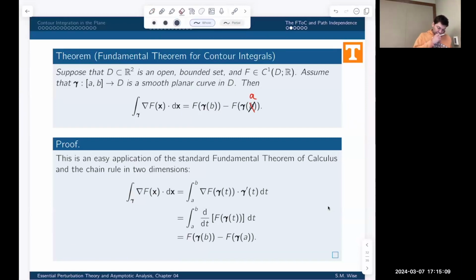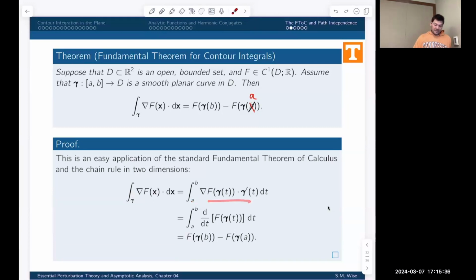So how do we prove this? This is an easy application of the standard fundamental theorem of calculus, in case you've never seen it before. So this integral is defined like this. All right. And of course, we can use our chain rule.